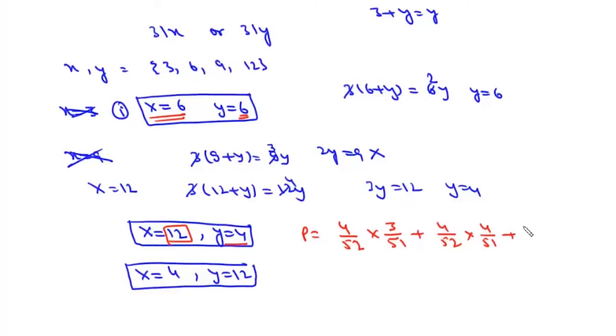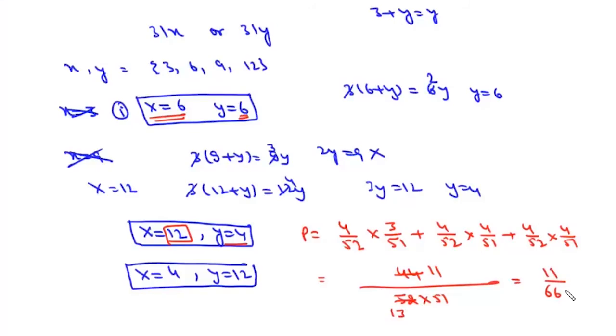Now this is 4, so 4 by 52 and 12, then 4 by 51. So this required probability will be 52 into 51, and that is 16, 16, 32, 32 plus 12, and that will be 44. Now this is 11, and this is 13. So this required probability is 11 upon 663, and that is the answer to this question.